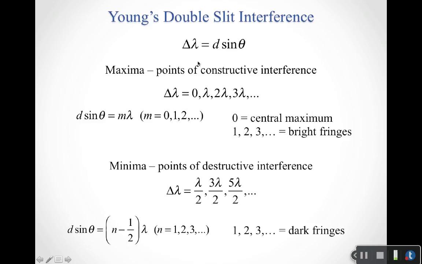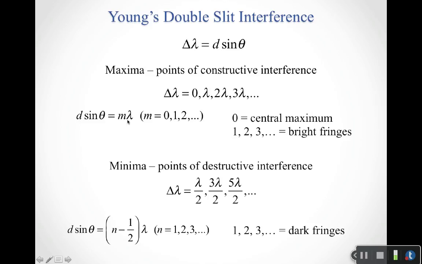And so I can deal with situations where I have a problem where I'm told what the angle is, and therefore I can figure out what the path difference is, and then think about maybe what the phase difference is.